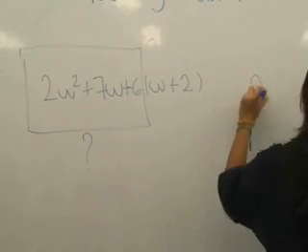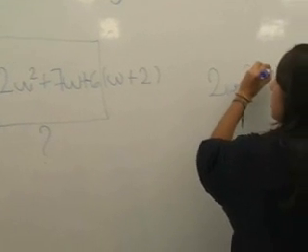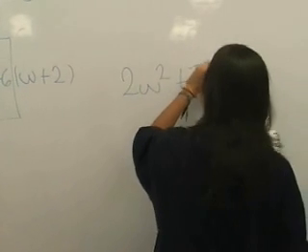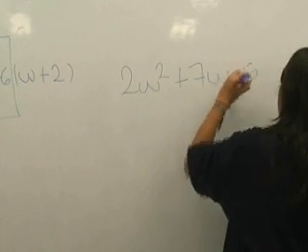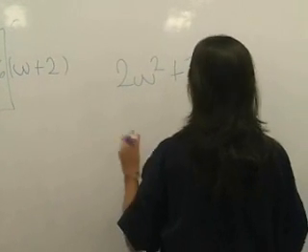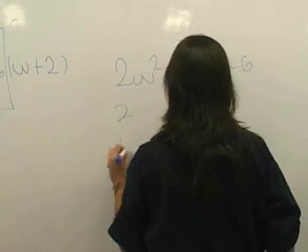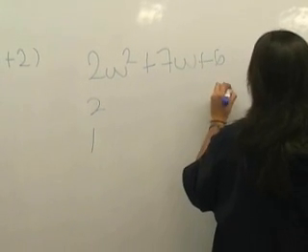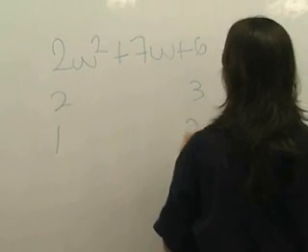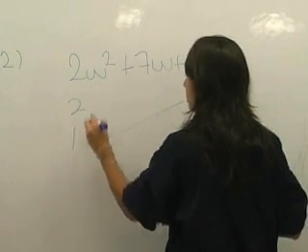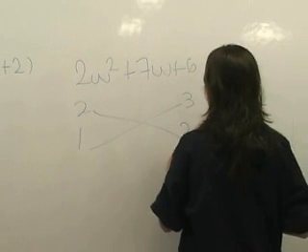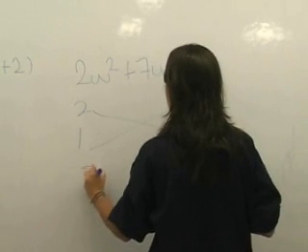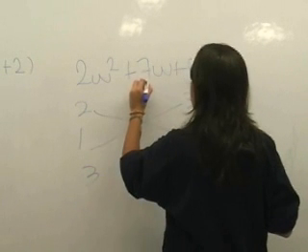So 2w squared plus 7w plus 6. So the factors for this are 1, 2, 1, and 3, and 4. So you multiply crossways, you sum, and the answer will be this.